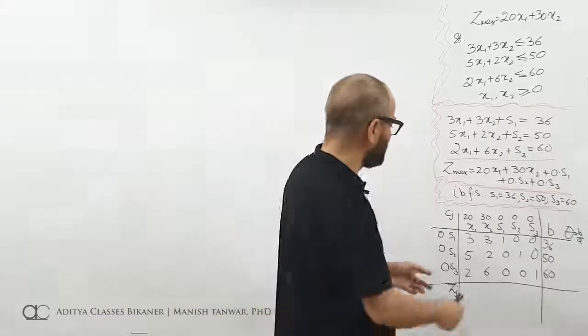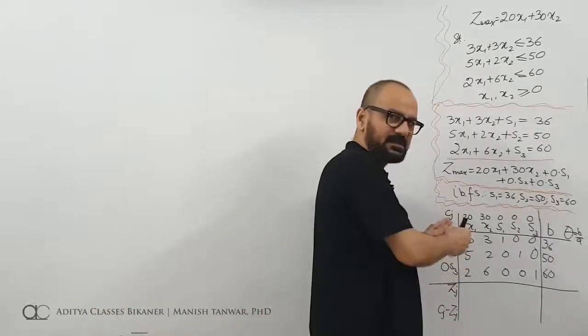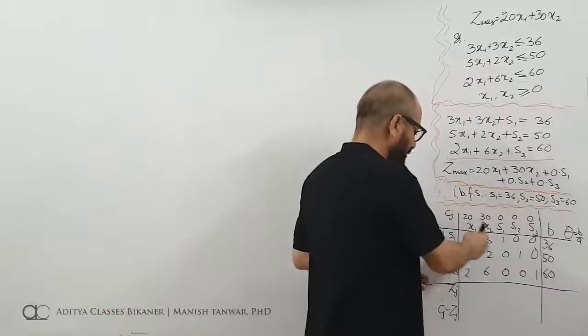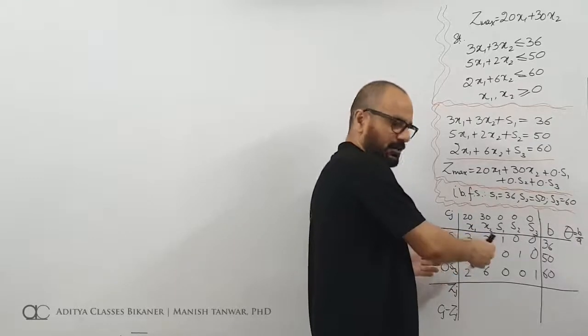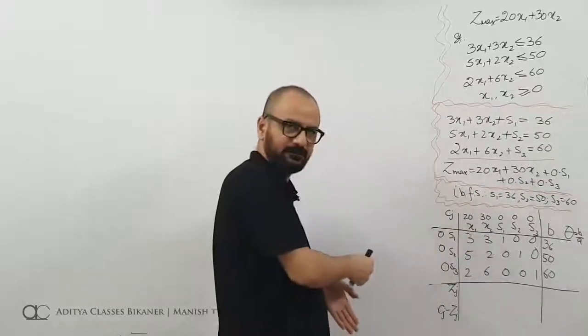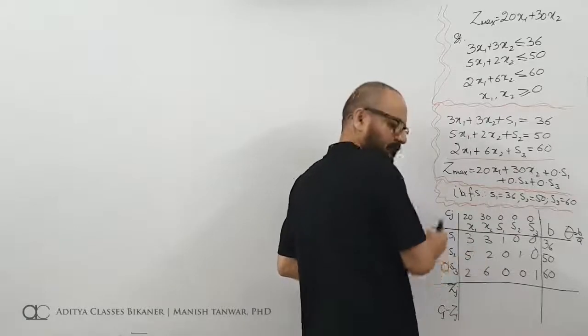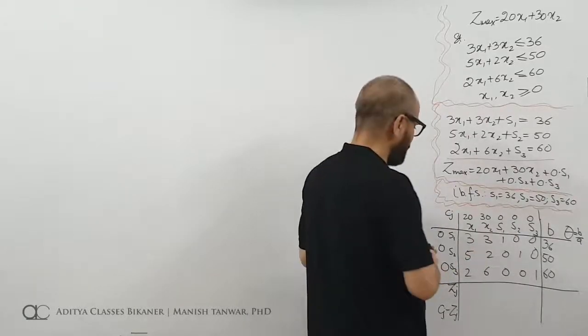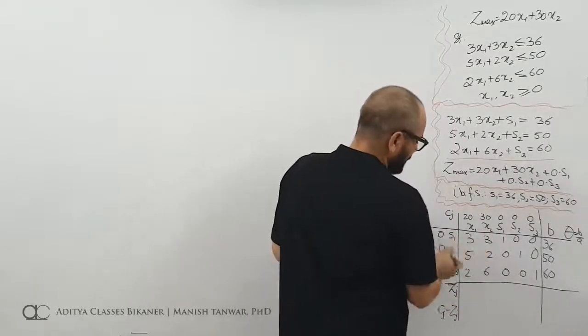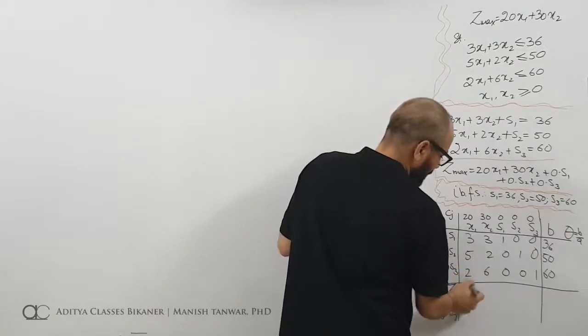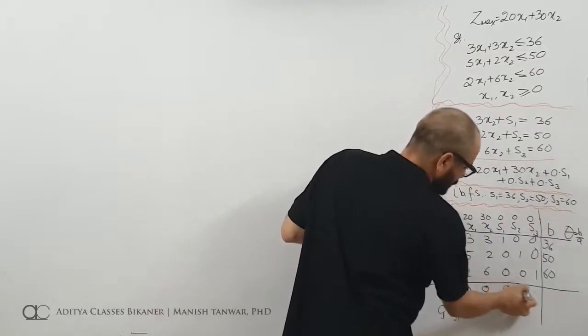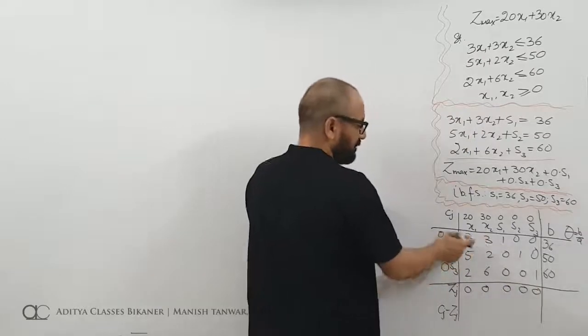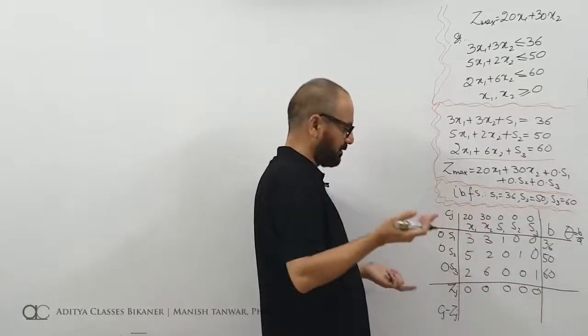For now, I need Zj. Zj is the sum product of each column with the respective contribution. So in this case it will be 3 into 0, 5 into 0, everything will be 0, 0, 0, 0, 0. Why zeros? Because everything is getting multiplied by 0 sometime or the other.